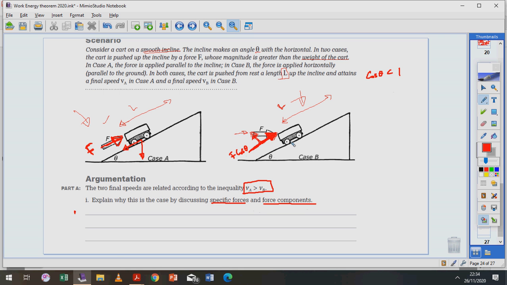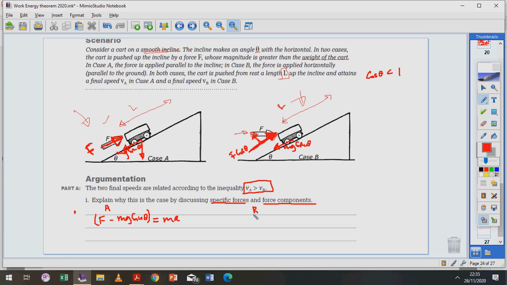But since it's the same cart, that's the same component, mg sine theta and mg sine theta. So since it's the same component, the equation of motion for this cart up the plane in case A will just be F minus mg sine theta, since I don't have friction, and this is going to be your net force, because net force is equal to mass times acceleration. That is in case A.